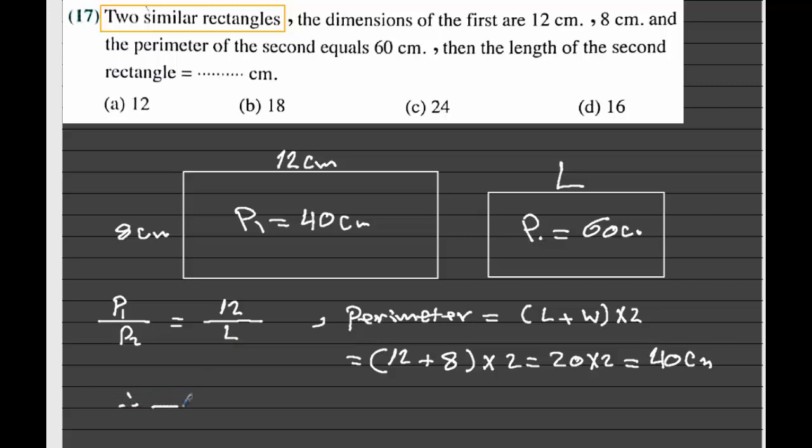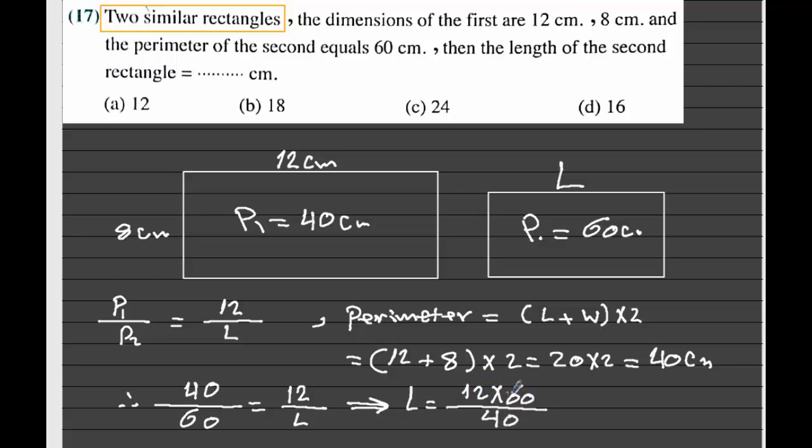So P1 over P2, we can substitute directly. P1 is 40 over P2 60 equals 12 over L, and from that you can calculate L, which equals 12 multiplied by 60 over 40.